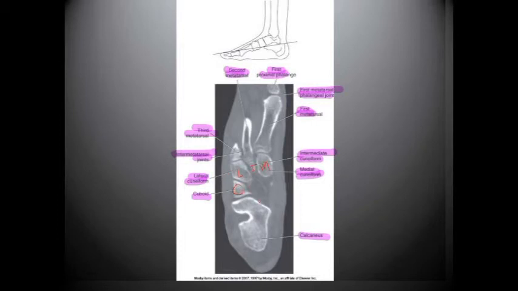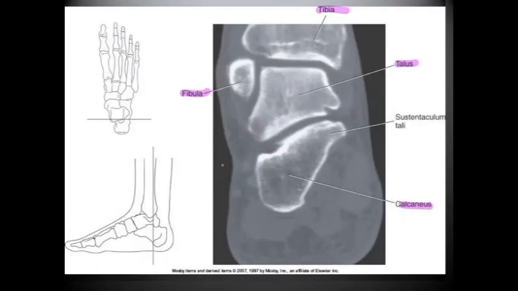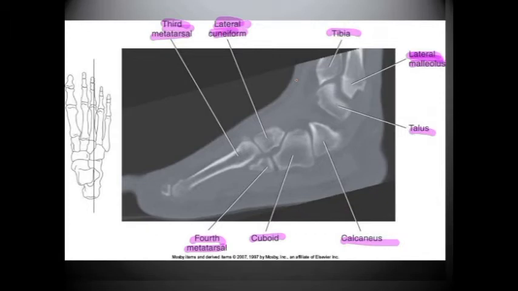Here we have the cuboid, lateral cuneiform, intermediate cuneiform, medial cuneiform, calcaneus, third metatarsal, second metatarsal, first metatarsal, metatarsal phalangeal joint, proximal phalanx of first metatarsal. Here is the tarsometatarsal joint. Once again, here is the talocrural joint. We have lateral malleolus, medial malleolus, talocrural joint, subtalar joint, calcaneus, talus.